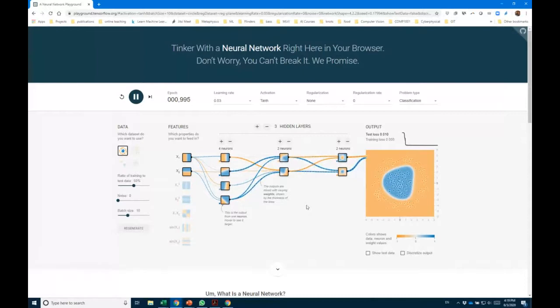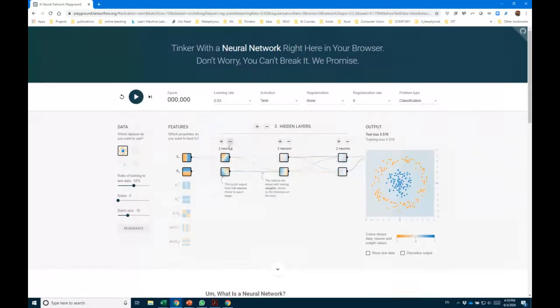And I managed to break it. Let's see if I can break it again. Let's put 2 neurons in the first layer and 2 neurons in the second layer. It's taking much longer, right? And I think I'm going to break it. Yeah, I just broke it. It didn't find a decision boundary. Why is that?